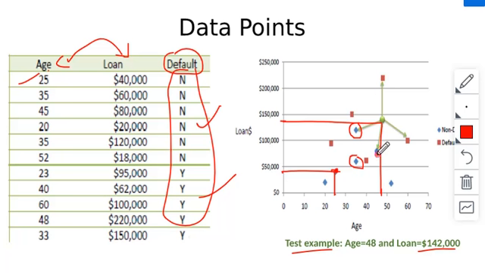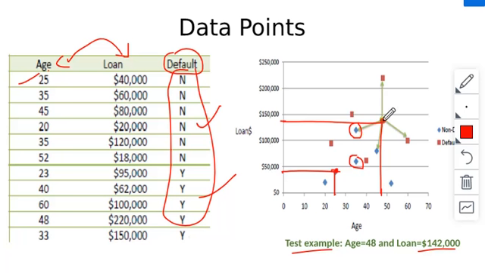The distance will be computed between the nearest data points. See here, the line is given here. So for the nearest data points, the distance will be computed. The distance is not computed to here or this, because they are far, no need to do that. So the distance between the test data and the nearest training data points will be calculated.